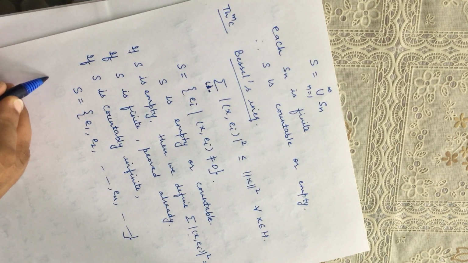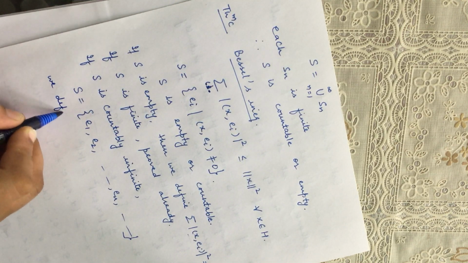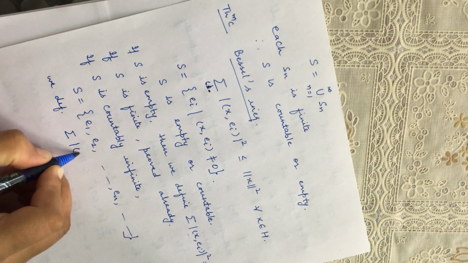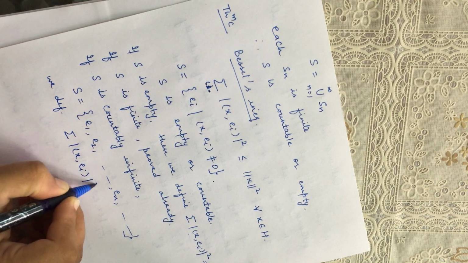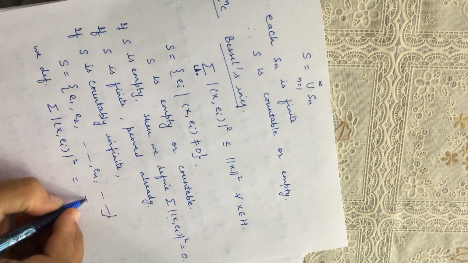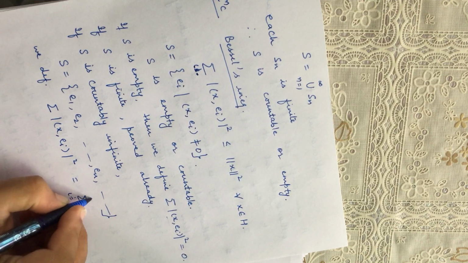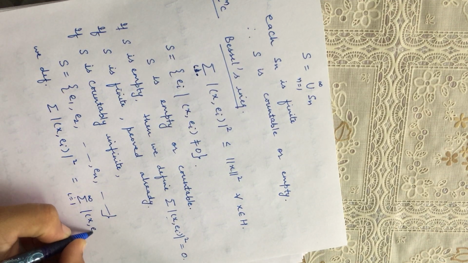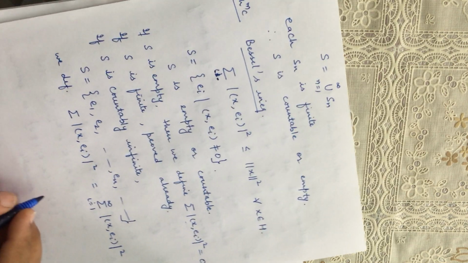So we define this summation of |⟨x, ei⟩| square to be the summation of i varying from 1 to infinity of |⟨x, ei⟩| square.